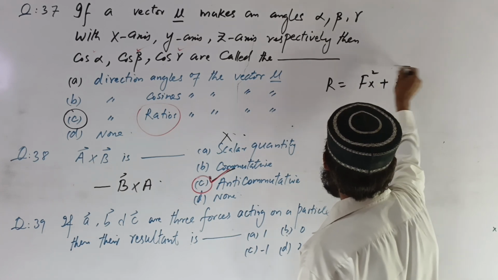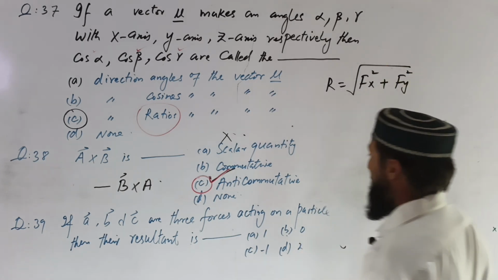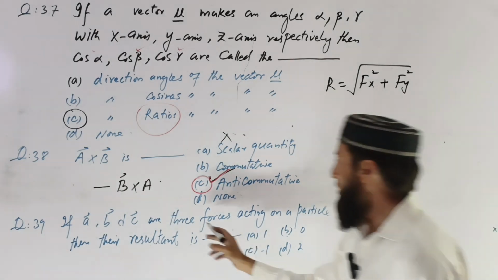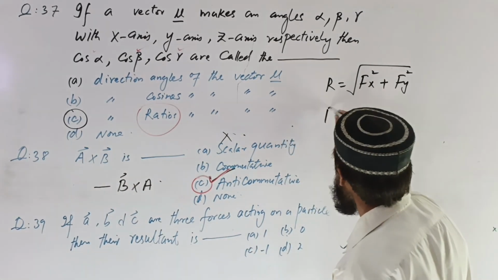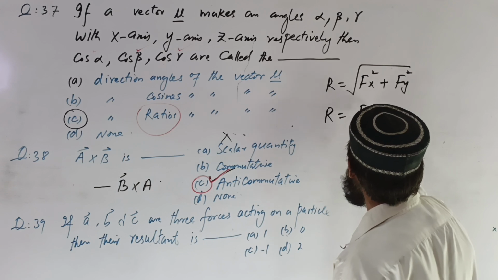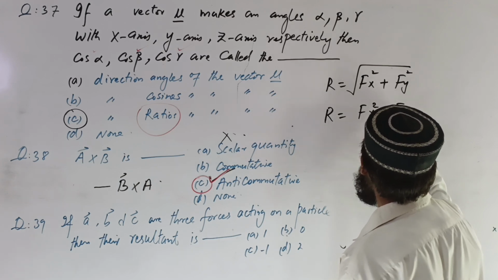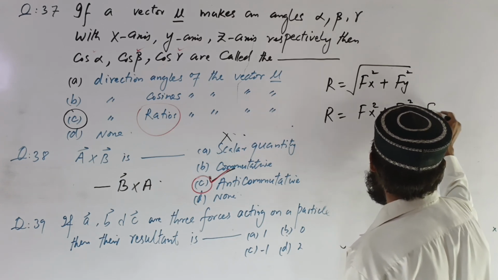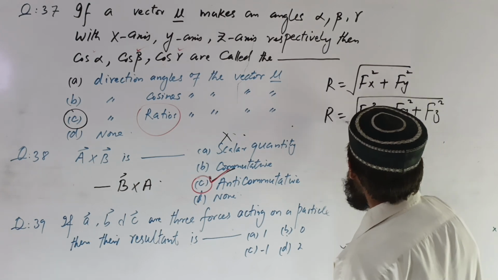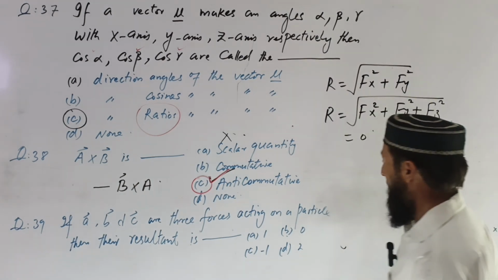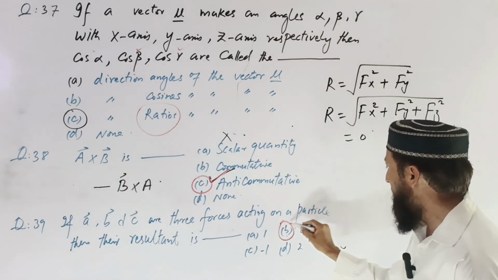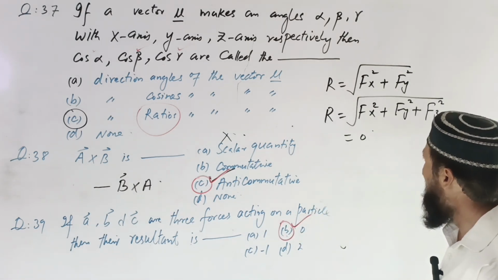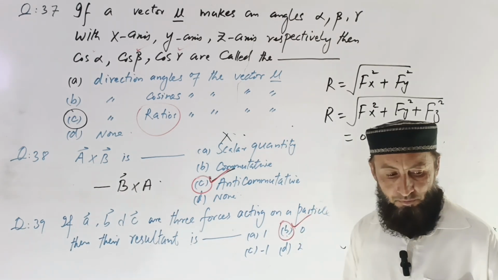If there are three forces acting on a particle in equilibrium, the resultant will be equal to 0. So B is the correct option.